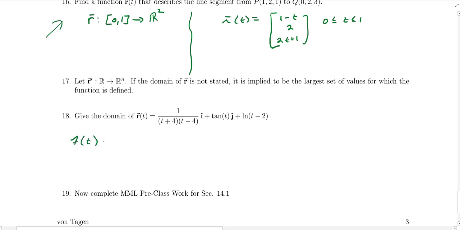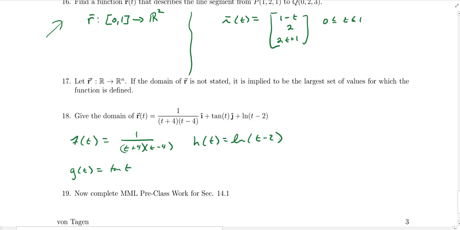Our first component function is the function 1 over (t + 4)(t - 4). Our second component function is the tangent of t, and our third component function is the natural log of t minus 2.